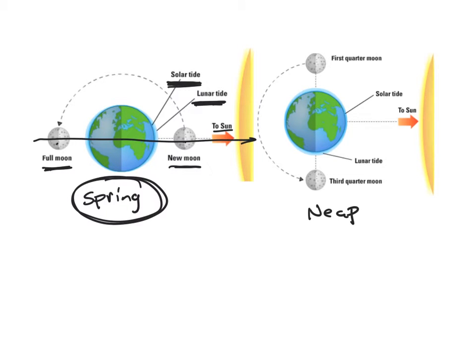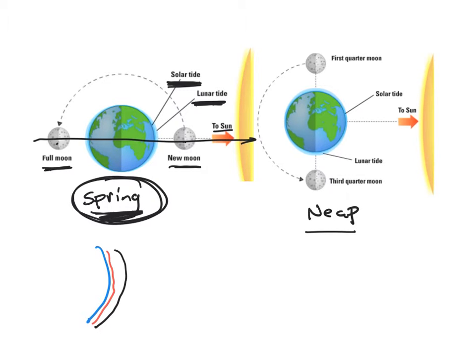Okay, so that means that if we look at the Earth here, we're going to have the solar tide, which is going to be a smaller bump here, but added to that the larger bump of the lunar tide. So because both of them are together, it's going to be a greater tide, and that's what we call our spring tides.